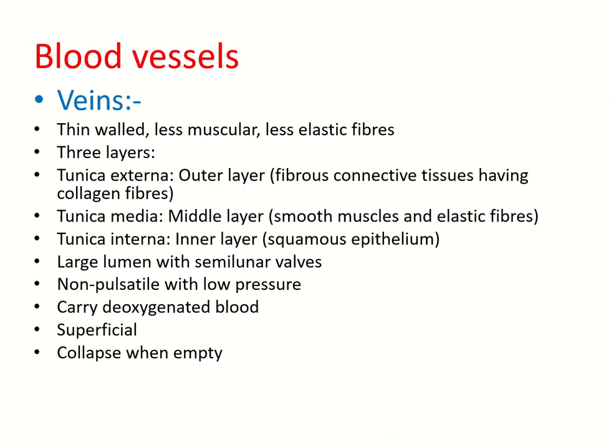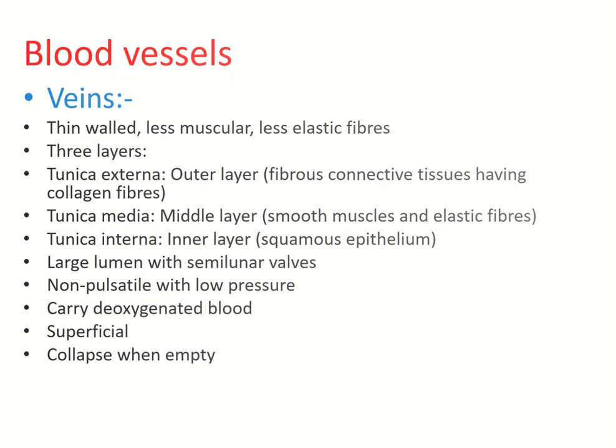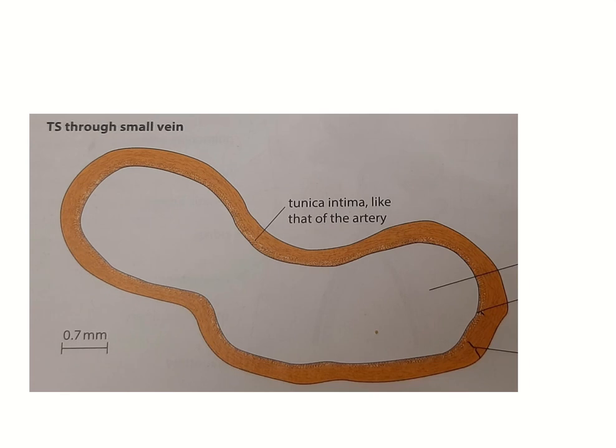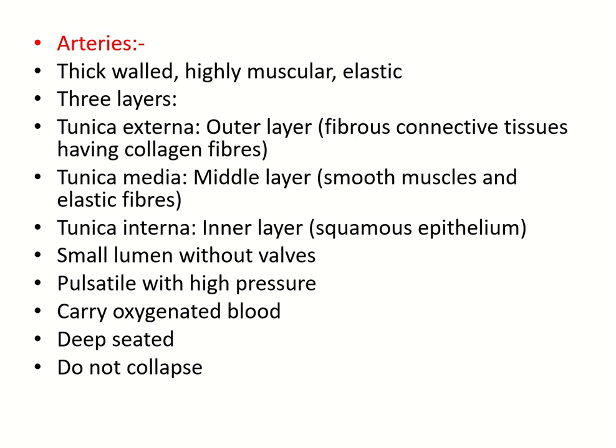Now the third part of the blood circulatory system is blood vessels. Number 1, veins. You can see the picture of veins. They have 3 layers. Tunica intima, the innermost part of the vein, is made up of squamous epithelium.